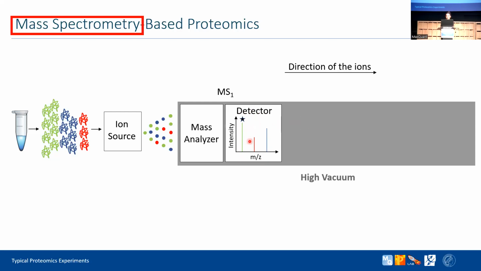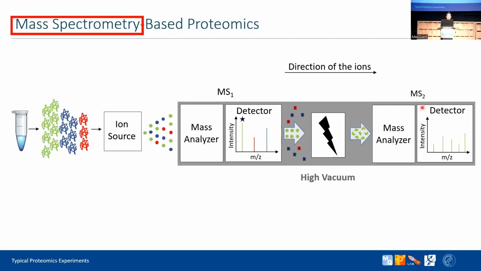I'm going to isolate the green analytes and remove all the other analytes. And then I'm going to fragment these green analytes. After fragmentation, I will go again to the mass analyzer, and I will have another MS spectrum that is now called an MSMS spectrum or MS2 spectrum.